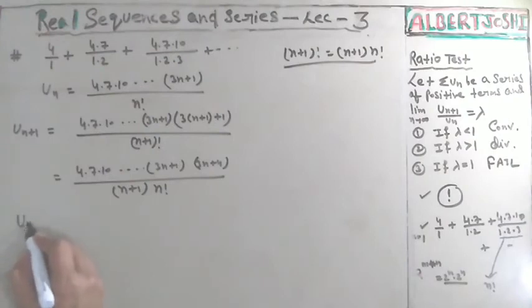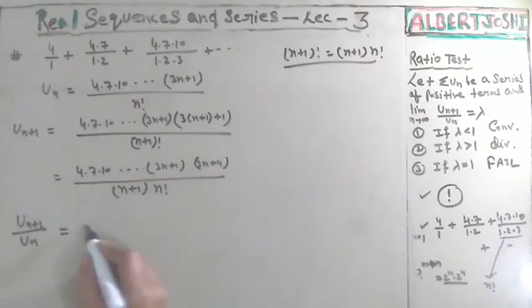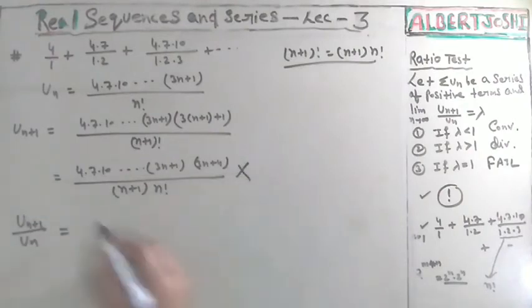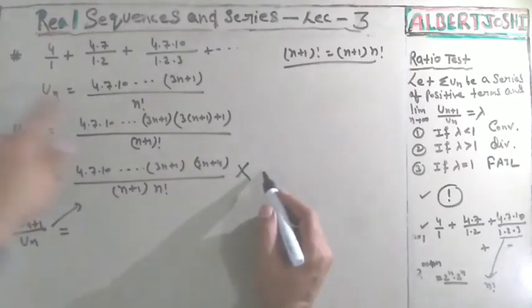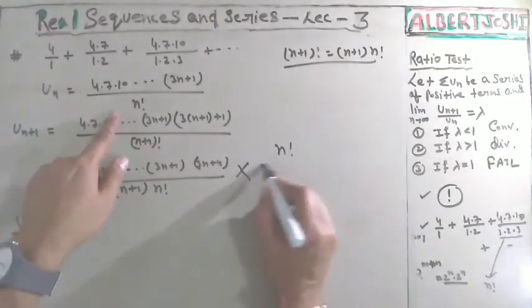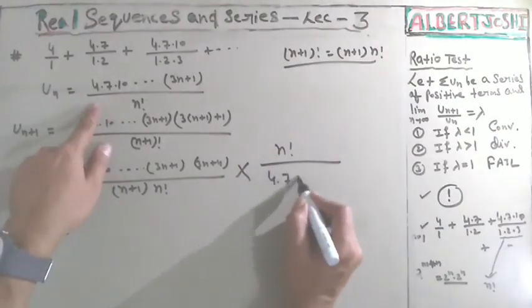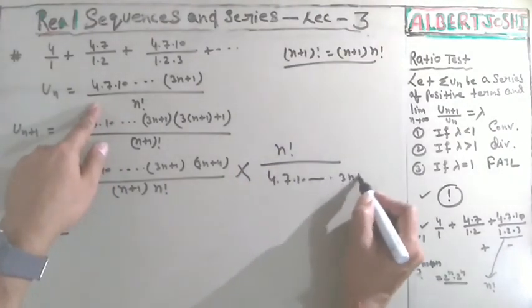Now you have to divide un plus 1 upon un. So I write un here, and this will come above. You are getting 4 into 7 into 10 up to so on, 3n plus 1.